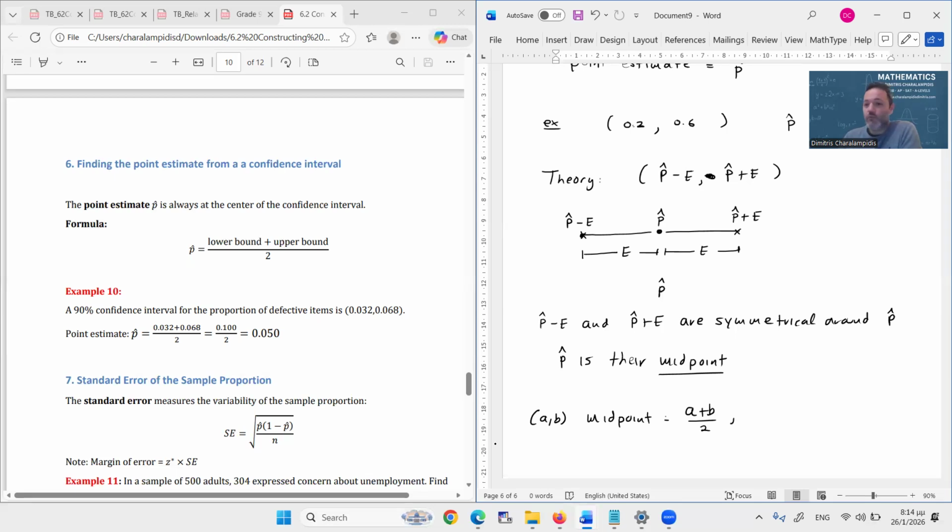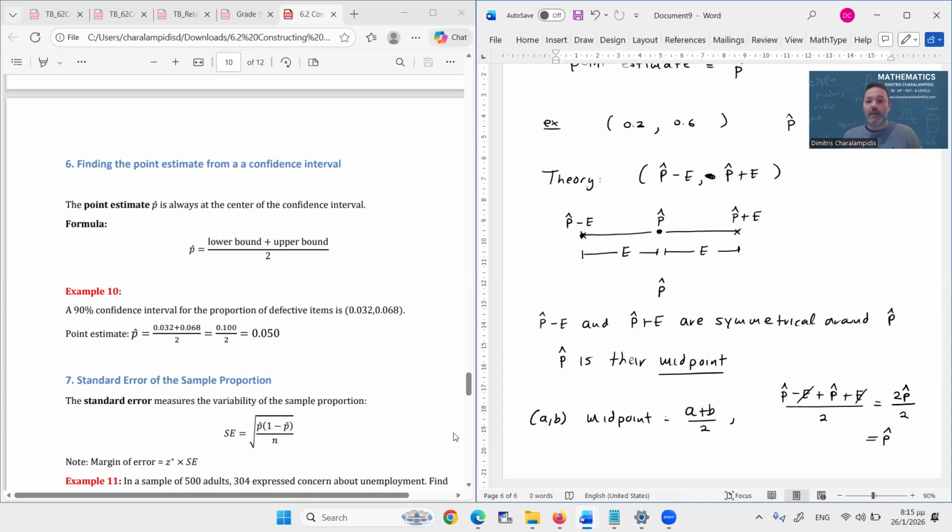Indeed, if we apply this formula for our interval, we get p hat minus E plus p hat plus E over 2, and we'll see that the E's cancel out and we get 2 p hat over 2, which is p hat. So basically, I just proved that the point estimate, the p hat, the sample proportion, is just the midpoint of these bounds, the lower and the upper.